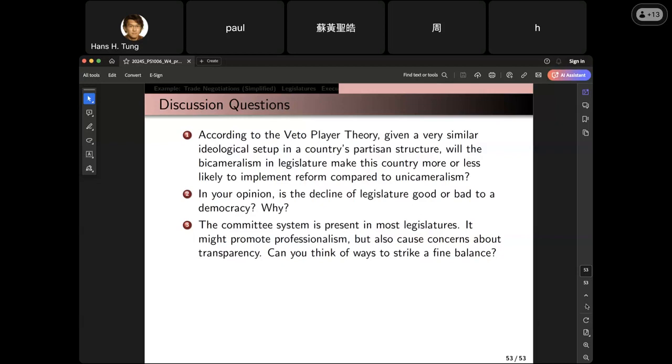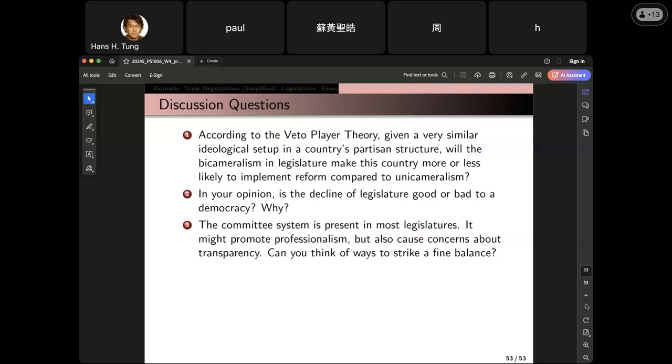If you apply that logic to a legislature, supposedly each member should have equal access to everything. But if you divide the legislature further into different committees and allow people to focus on just one particular area, over time there are certain things that people outside the committee might not be able to know.